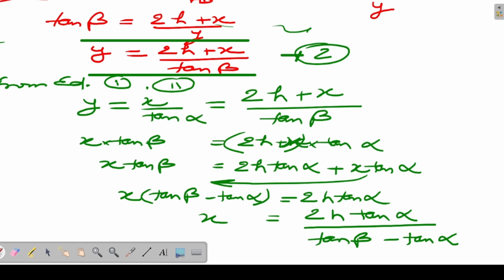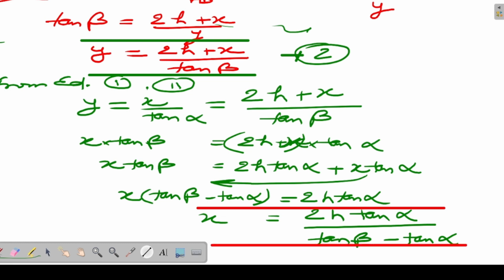So here we are able to calculate the value of x. The value of x is calculated here as h tan alpha by tan beta minus tan alpha. Just name this as equation number 3, right?